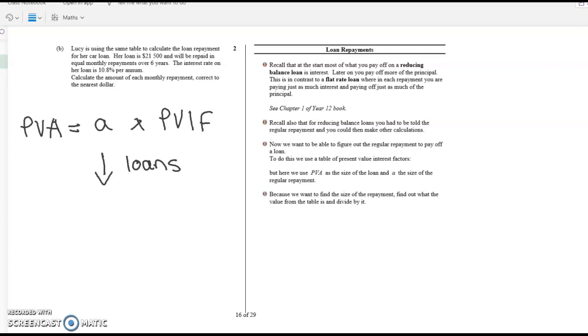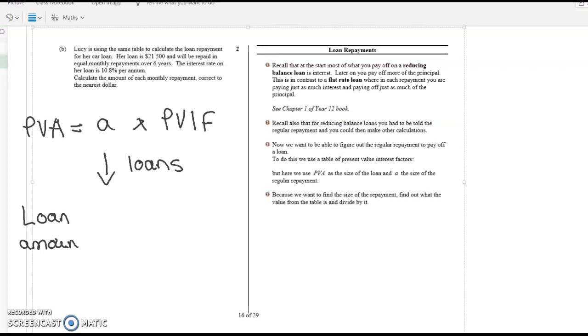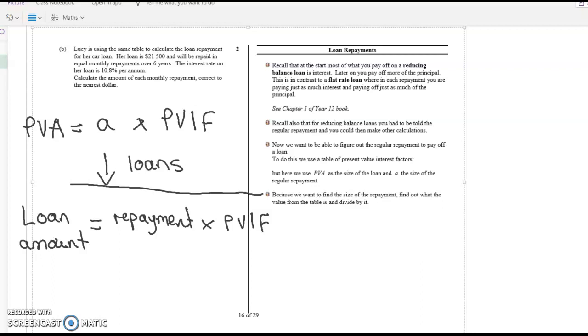So the PVA stands for the loan amount. The A stands for the repayment, like the monthly repayment, and then the present value interest factor is the same.